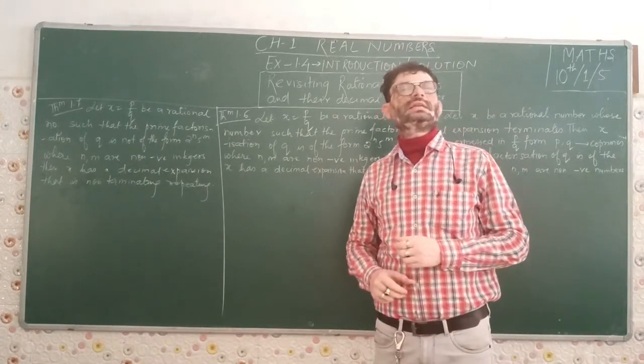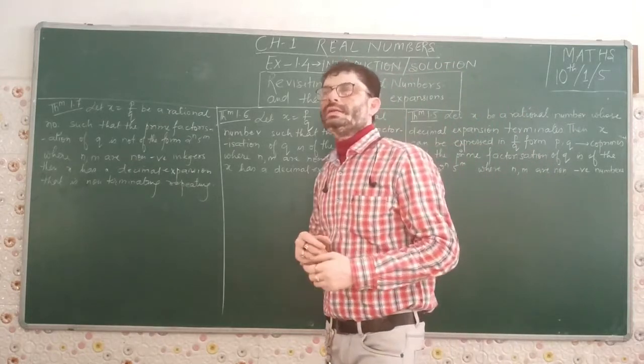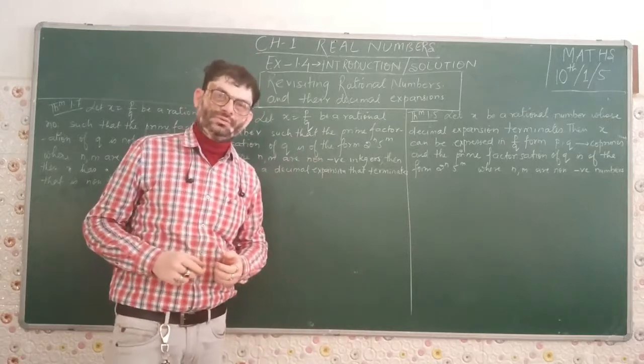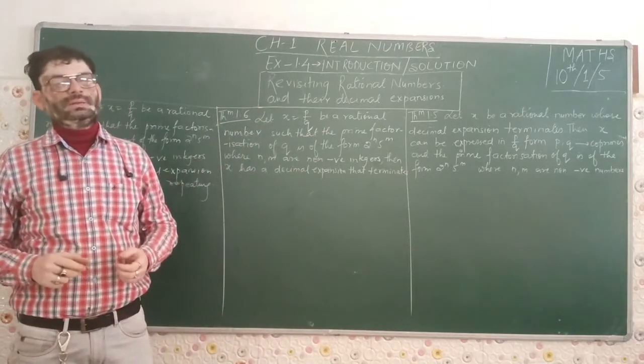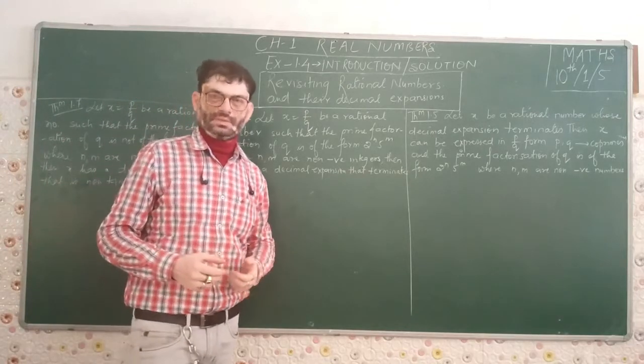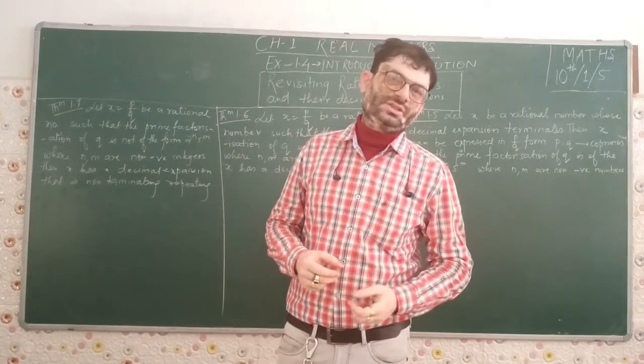Talking regarding the decimal expansion, if in the decimal expansion of a particular number the remainder becomes 0, that means the decimal expansion of a particular number terminates, then also we consider such a number to be a rational number.